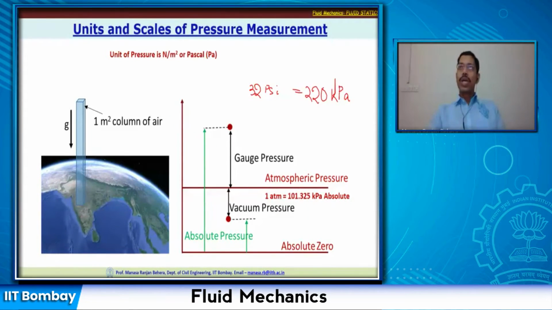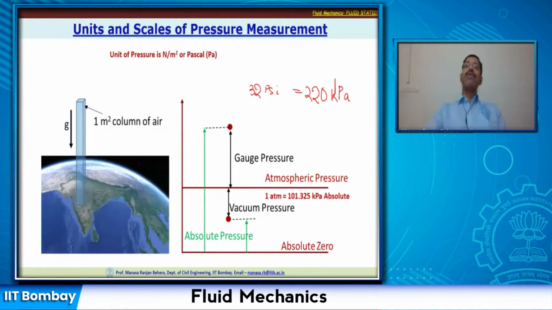Now this 220 kilopascal is basically the gauge pressure, because we are putting the pressure or measuring the pressure with reference to atmospheric pressure, and we know the atmospheric pressure is 101 kilopascal, and now we have a gauge pressure of 220 kilopascal.